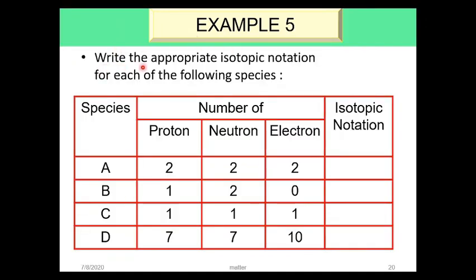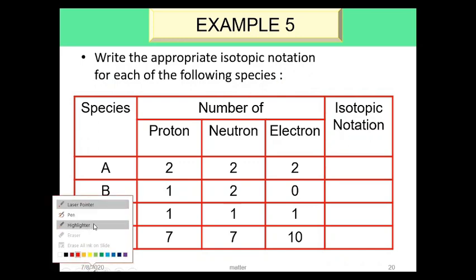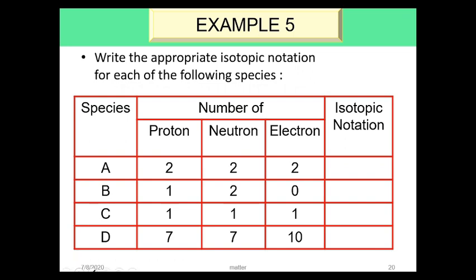Example 5, write the isotopic notation for each species. The first rule is to determine whether each species A, B, C, D is an atom or an ion.